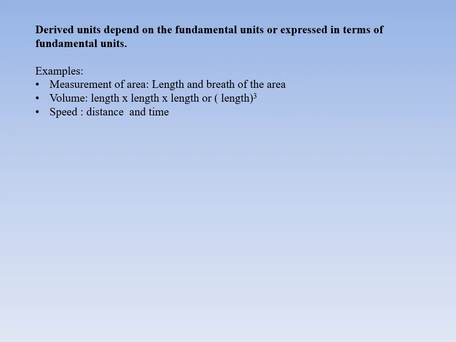Volume is expressed in a unit which is length times length times length, or length cubed. The unit of speed of a moving body is obtained by dividing the unit of distance, that is length, by the unit of time. That is, it can be expressed in terms of units of length and time. Thus, the units used to measure area, volume, speed, etc. are derived units.